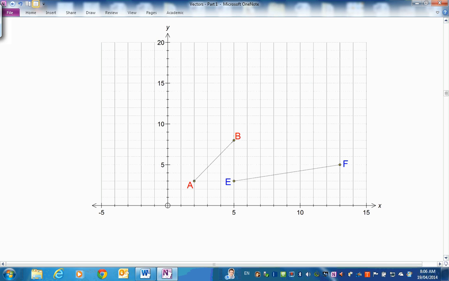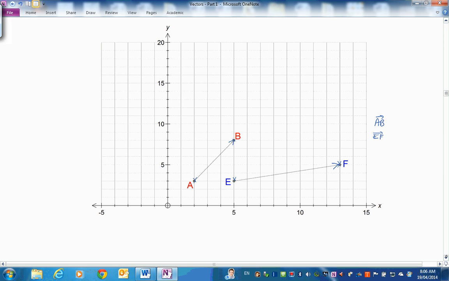Alright, so I'm going to make this a vector now. Remember, a vector has magnitude and direction, so you must specify the directions here. I've just drawn the vector AB and EF. AB is the displacement of point A to point B in the plane. Vector EF is the displacement of E out to F. What do we want to do?